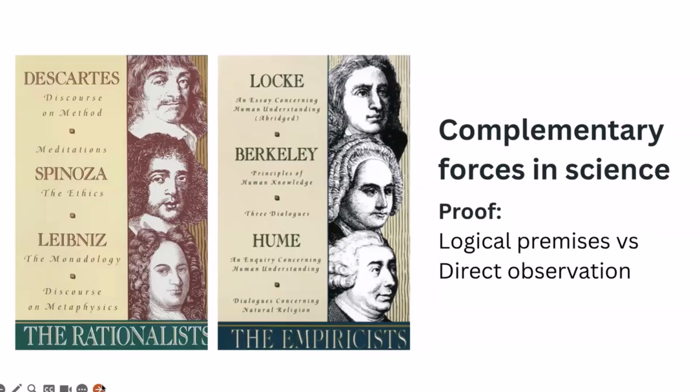The empiricist approach will be, yeah, that's all fine and good, but we really want to see whether there is a difference between high risk of bias trials and low risk of bias trials. So the difference between the 2 approaches is the proof. For rationalists, we require logical premises. For empiricists, we require direct observation.